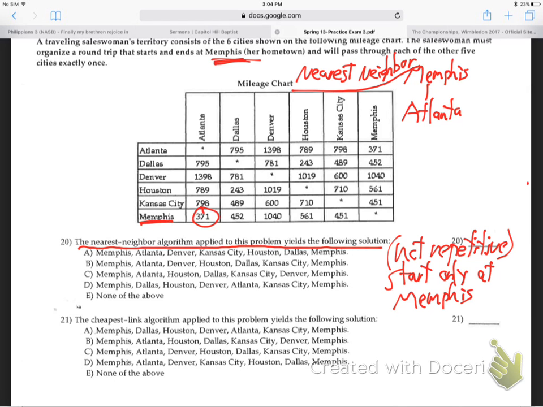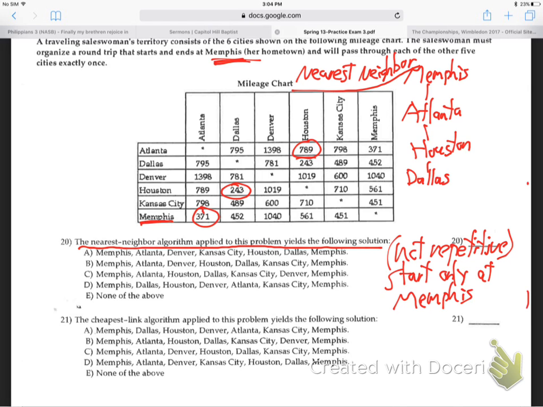So from Atlanta, which one of these is the lowest number? We can't do Memphis again, so we can't go right back to Memphis. It would be Houston, I guess. Houston. Okay, now you're at Houston. Now from Houston, what's the nearest neighbor? Dallas for sure. Dallas.